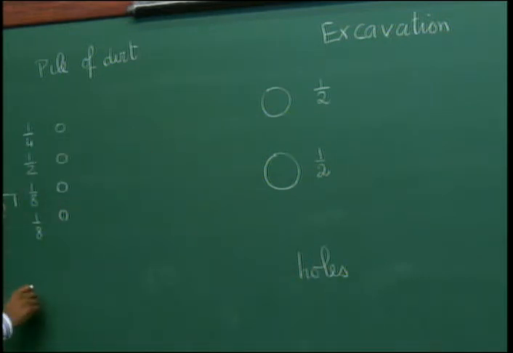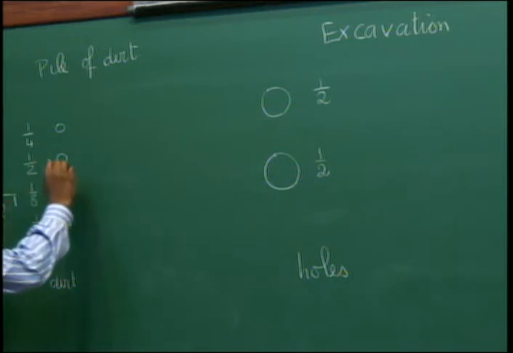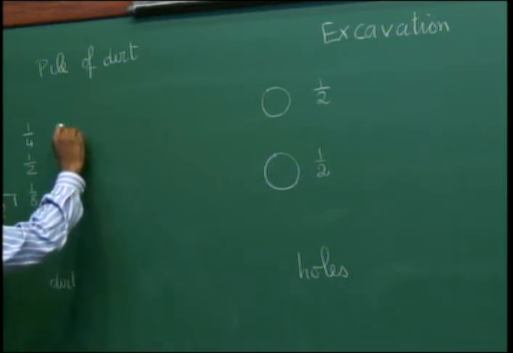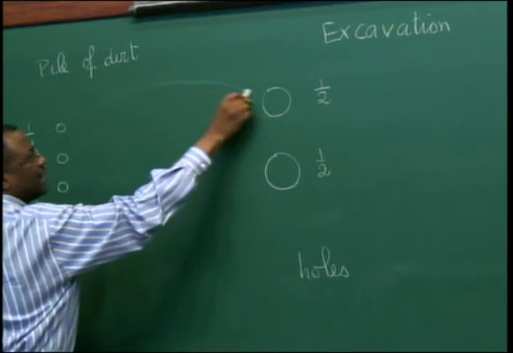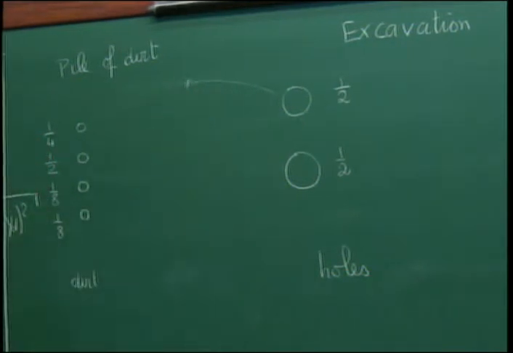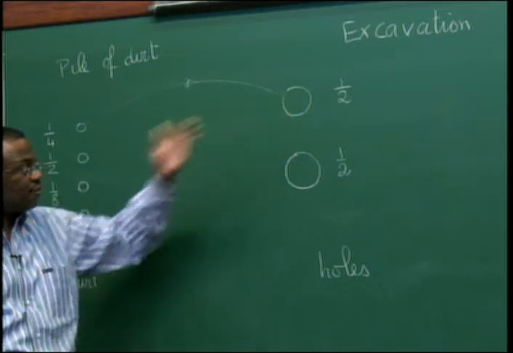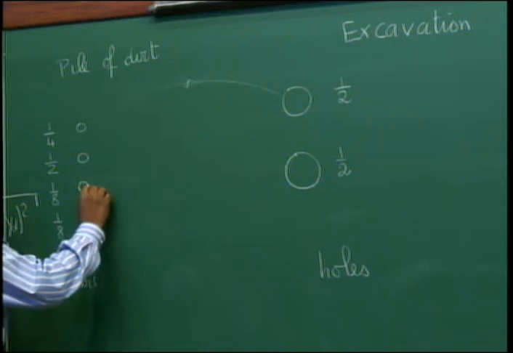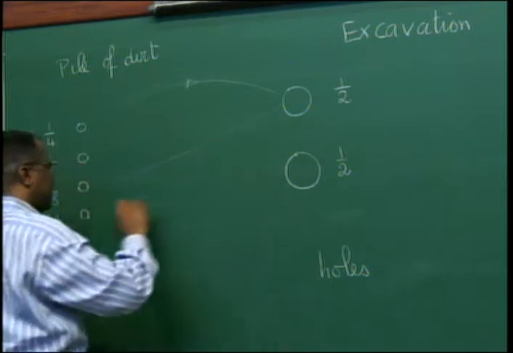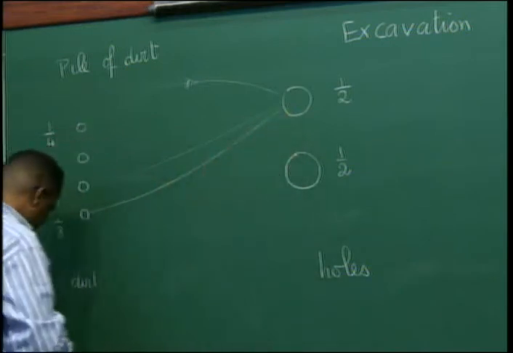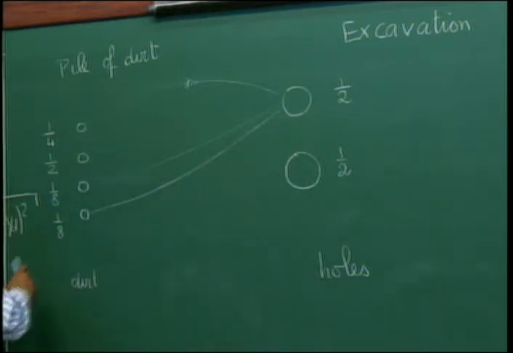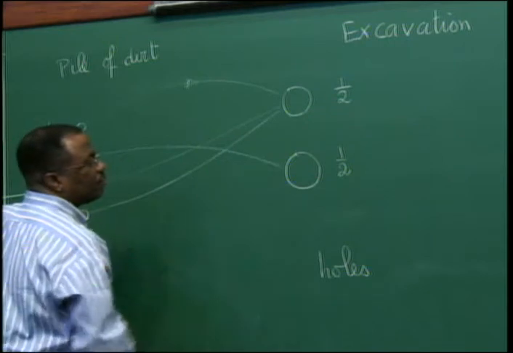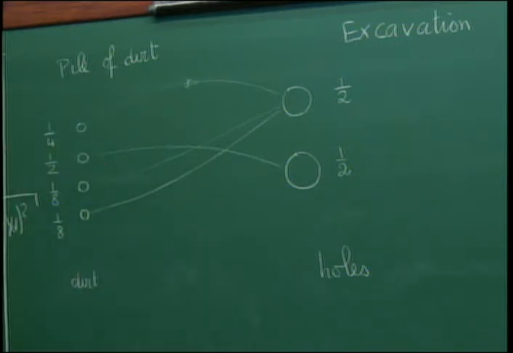These are the piles of dirt. You may choose, for instance, to transport everything here, there. And I have filled this hole with 1/4. It looks like I don't have many other choices. I need to send this there and that there. And I am going to send that here. So that is a strategy.